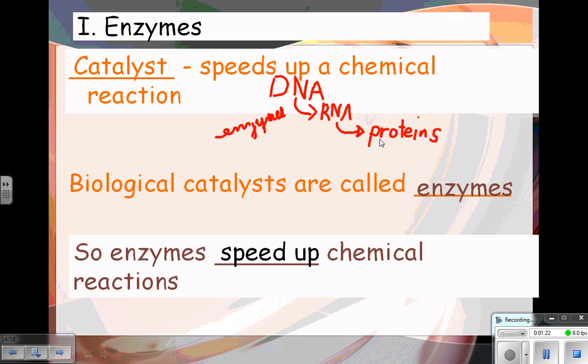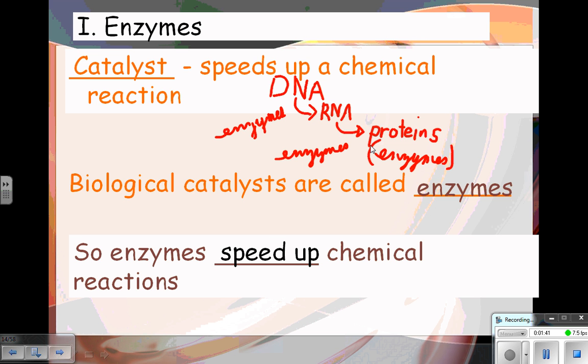And of course, some proteins are enzymes. And this whole process from RNA to proteins also takes enzymes. So I'm putting that enzymes right along that arrow.